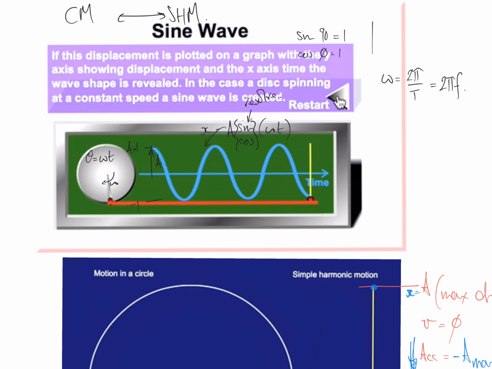I also know that if this is my sine function and this is my cosine function, I can see that one just lags the other. In actual fact, one lags the other by pi over 2.